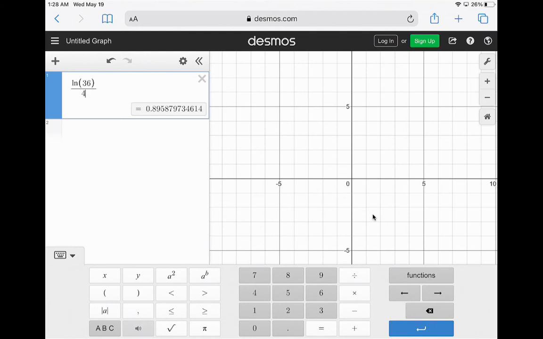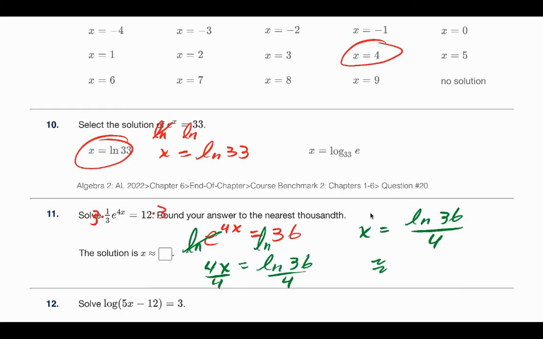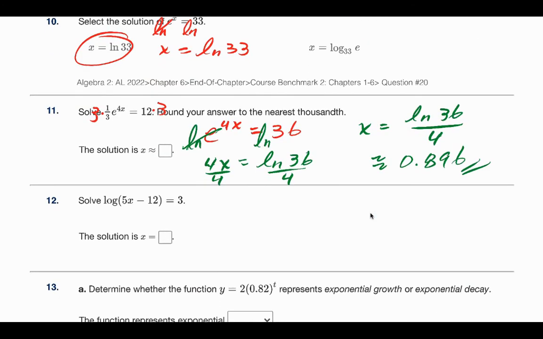And again, that gives us 0.89. It looks like 896. So we're going to say it's 0.896. And that's what you're going to plug in. So again, remember that problems are going to be very similar.